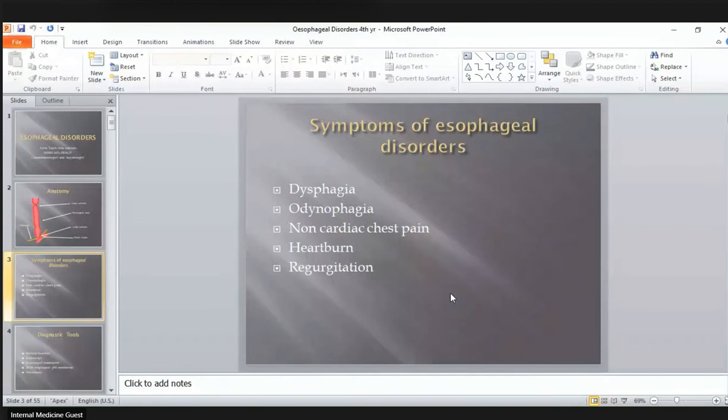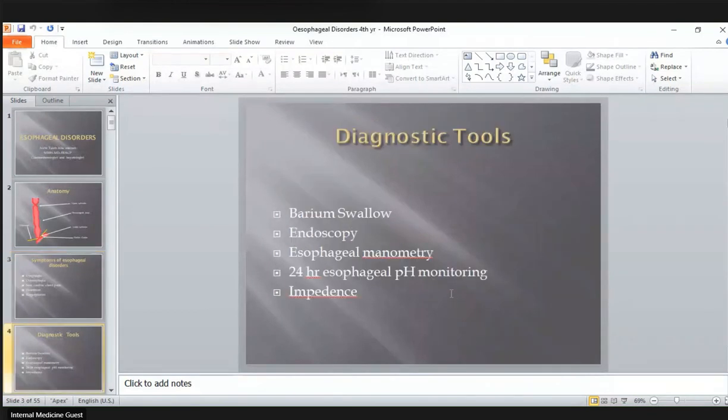Diagnostic tools that can be used in investigation of esophageal disorders include imaging, and that is barium swallow. Sometimes we can use a CT scan with oral contrast. We can use endoscopy, that's what we do at the gastrointestinal investigational unit. We can do motility study or manometry.